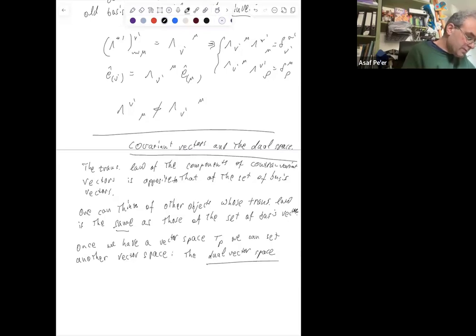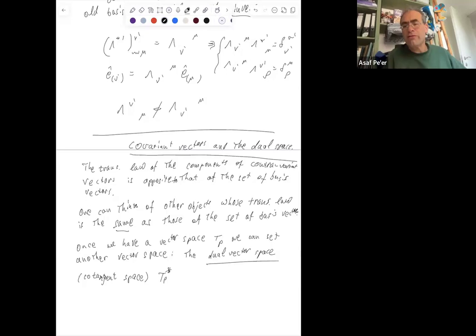Another name is the cotangent space. This is the dual vector space.